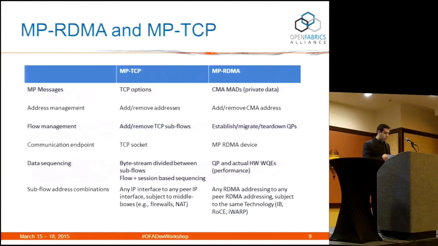We will see it in a couple more slides about the data path, but actually we are using the physical QPs directly to the application, and we are posting the actual work requests inside the QP. And again, this is for performance. We don't want to virtualize that.